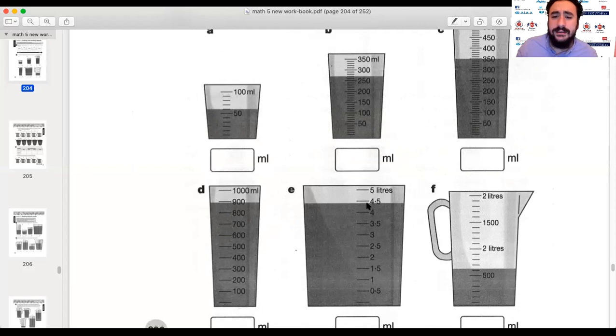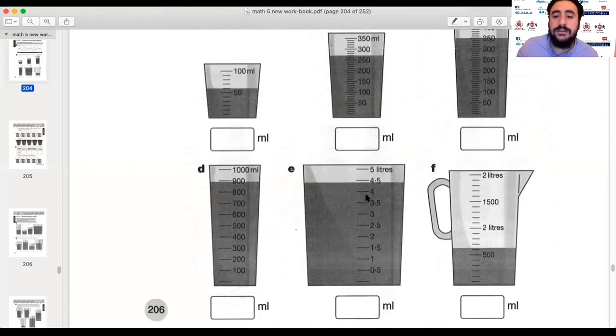This one is going to be 4 liters, because it's less than 4.5. It's 4.4, and 4 is a weak number. So you are going to round it to the nearest 4 liters, and so on.